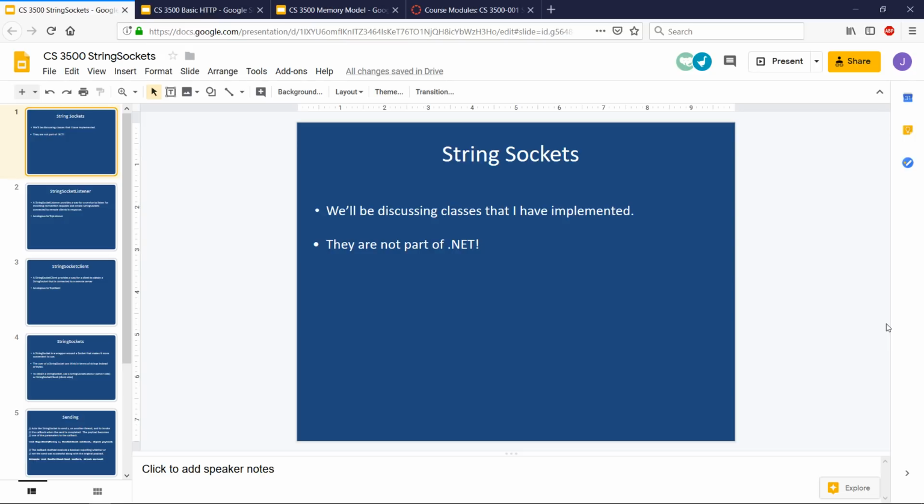And so you'll have to provide the code that implements a web server, an HTTP server. So essentially you'll host your existing service on your own HTTP server as opposed to the IIS that comes with Visual Studio. And the good news is it's a lot easier than it sounds. So what we're going to do today is talk about what you'll need to know to do that, just to get you ready for that.